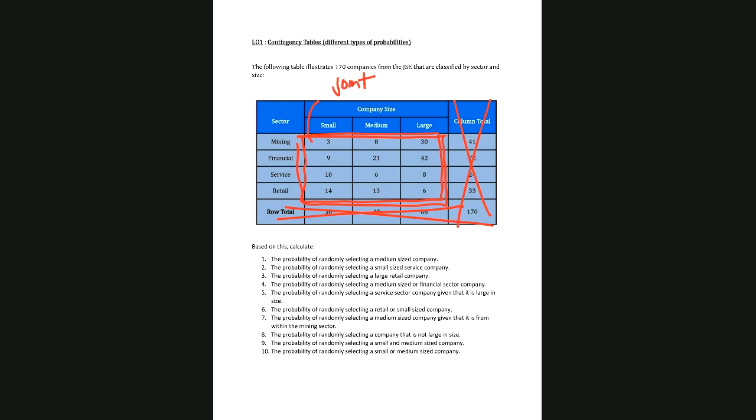And as you know, joint frequencies are where we look at the probability of two variables occurring at a time. Okay, so these are the main items that you will come across in a contingency table, and then various calculations can be asked on this.